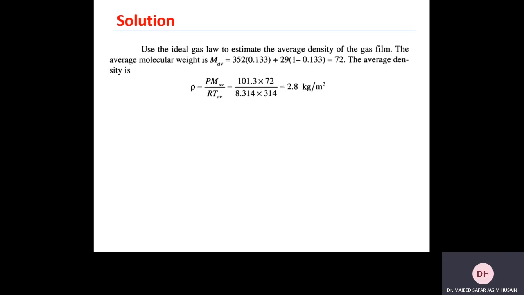Since it is gas, it is PM over RT. The M will be the average molecular weight and T will be the average temperature. The R is constant and the total pressure is constant. So you get the density around 2.8 kilograms per meter cubed. You know that the air density is around 1.2 kilograms per meter cubed, but since you have something heavy like UF6, 2.8 seems reasonable.